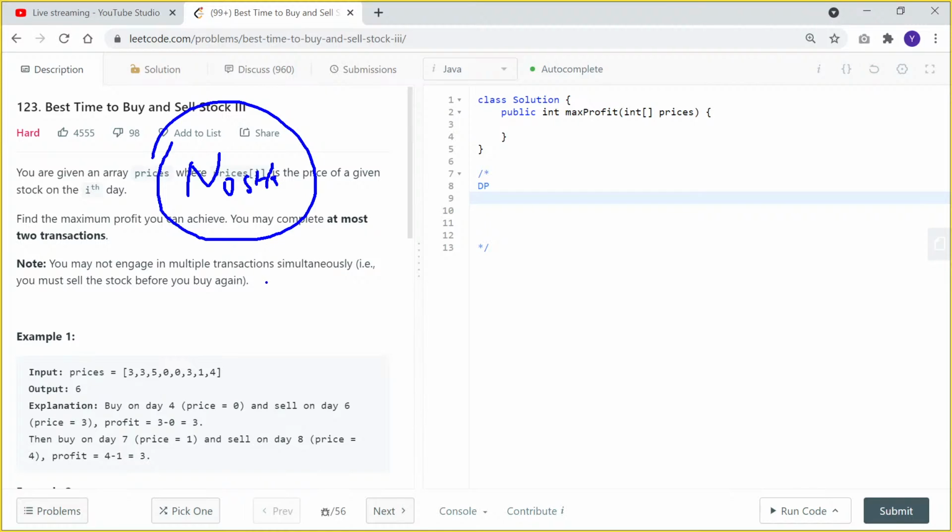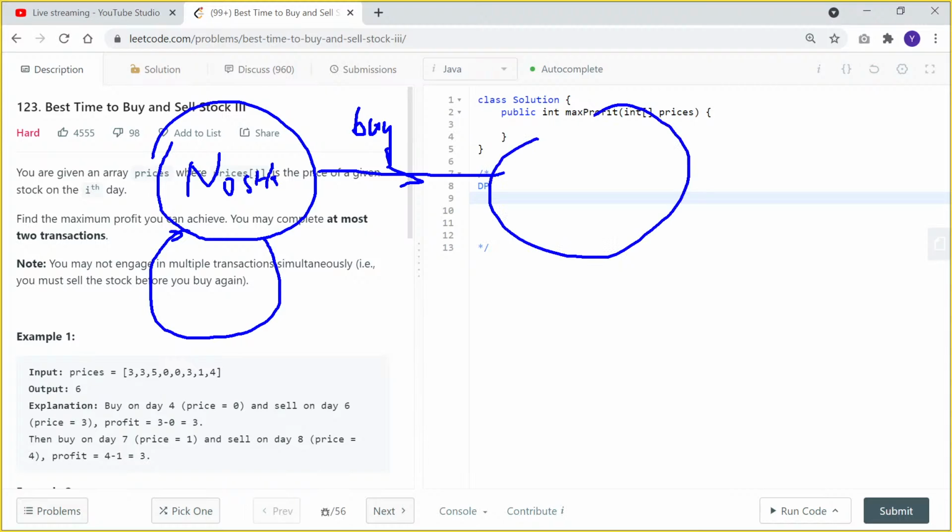The no stock state can actually last multiple days, so there's a self loop. Then from no stock, if we buy some stock on some day, we have another state.